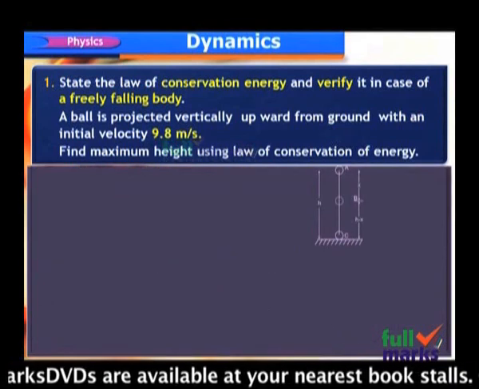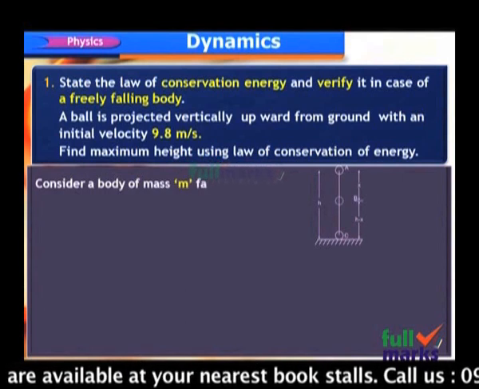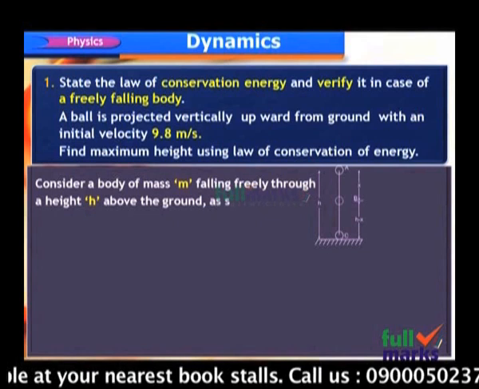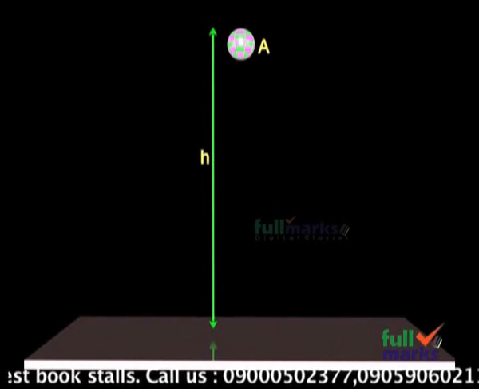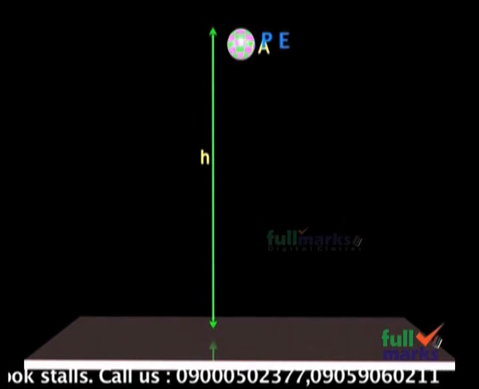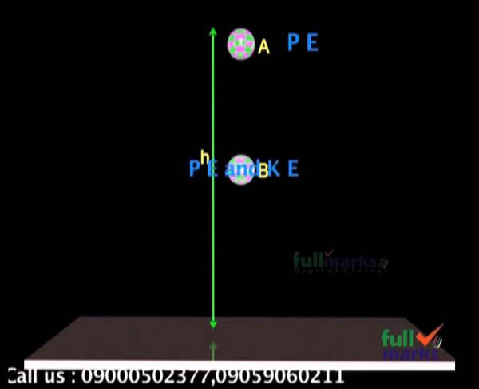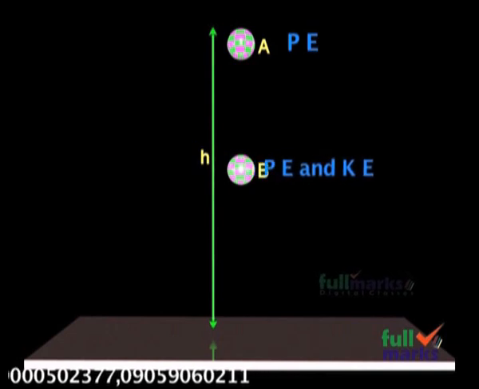Next, the derivation is, consider a body of mass m falling freely from height h above the ground, as you are seeing in the figure. At maximum height, that is at point A, the body has only potential energy. When it is moving from A to B, the potential energy is converting into kinetic energy.